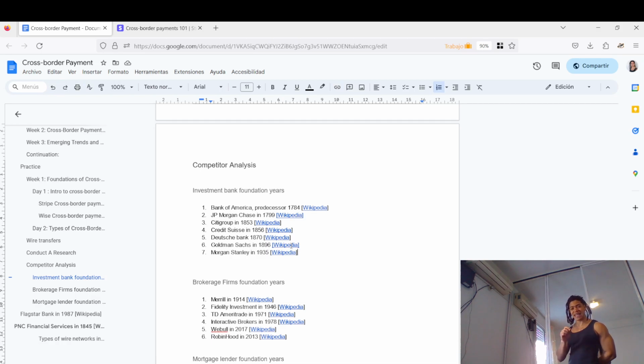Okay, Citigroup in 1853, and Credit Suisse in 1856. So these two banks actually were created during the reign of Peter II.